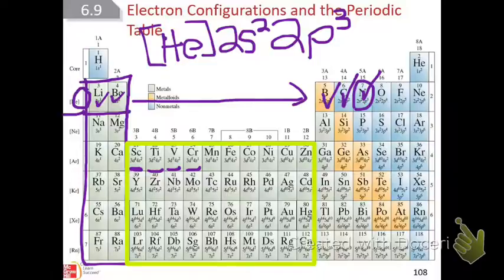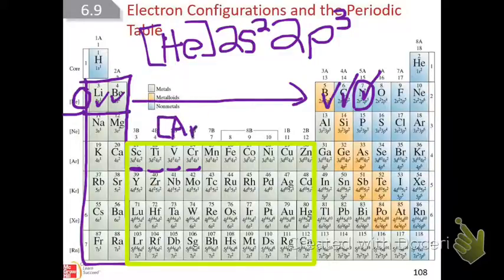Okay? So that's why scandium is a 3D1 and a 4S2, because the 4S2 is from calcium, and then scandium is 3D1. So that's why it looks like that. So scandium would be a core of argon.